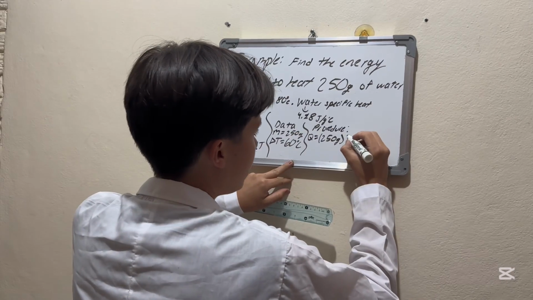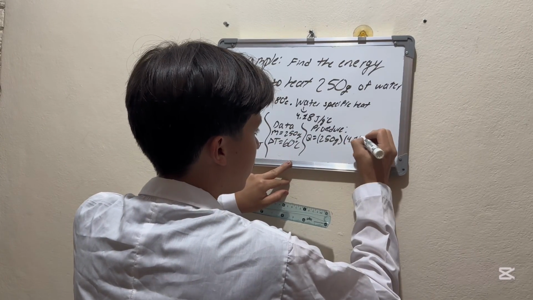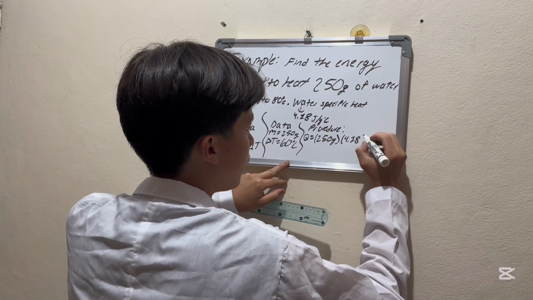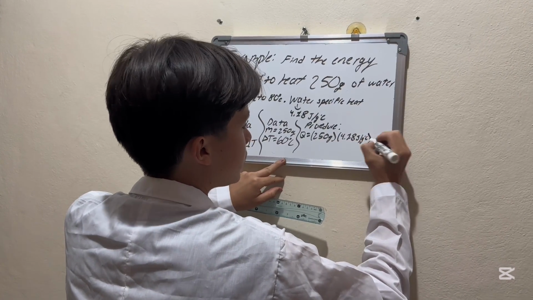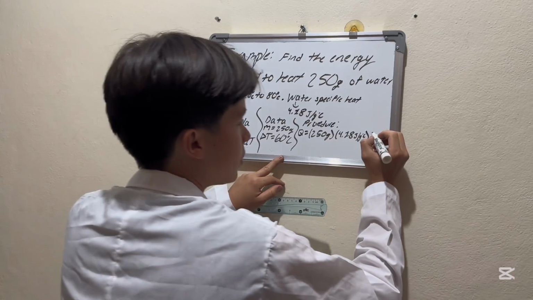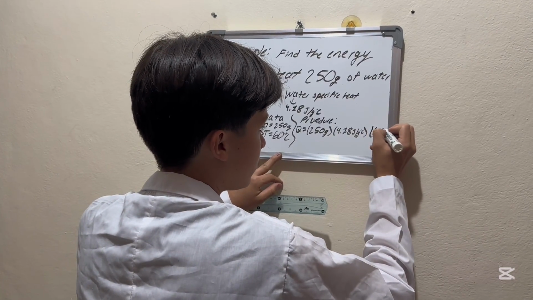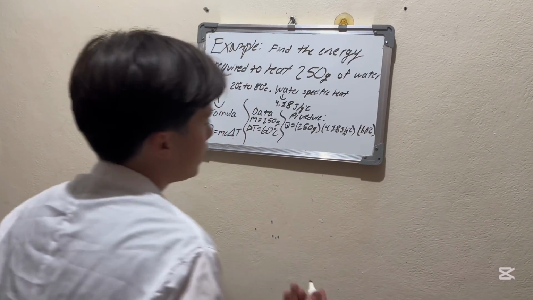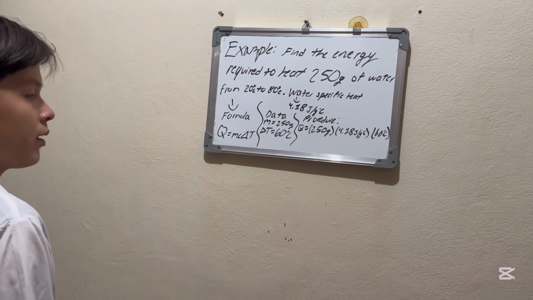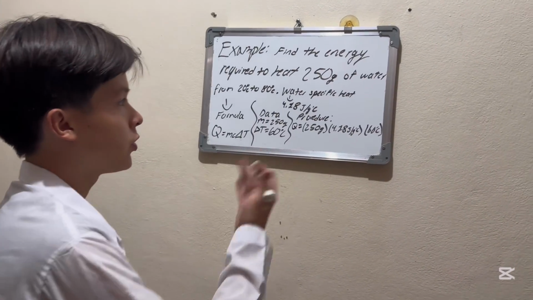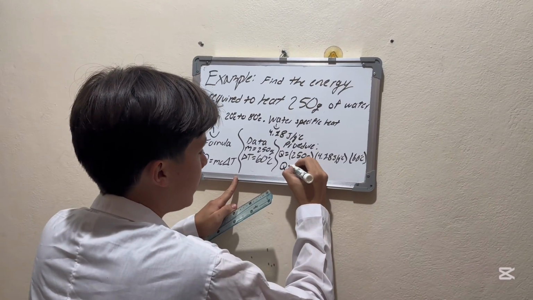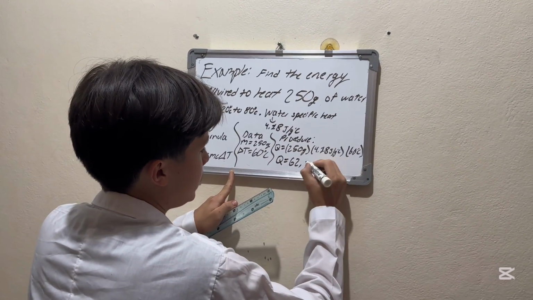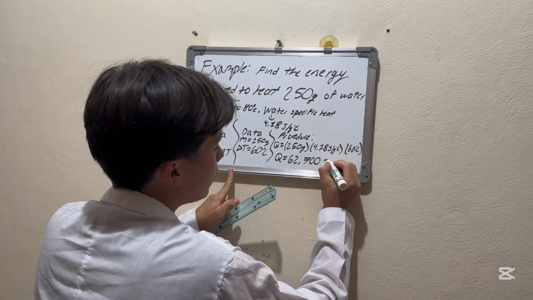The specific heat is 4.18 joules per gram degree Celsius. And finally, the change in temperature is 60 degrees. And so the amount of heat that we require to make the transfer of heat is 62,700 joules.